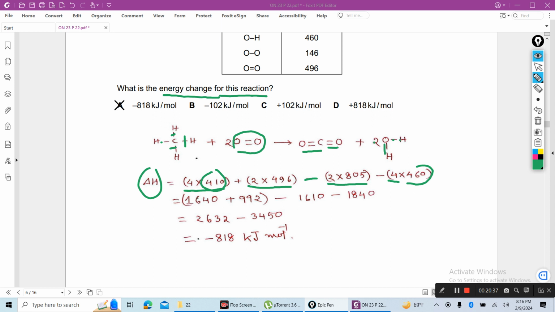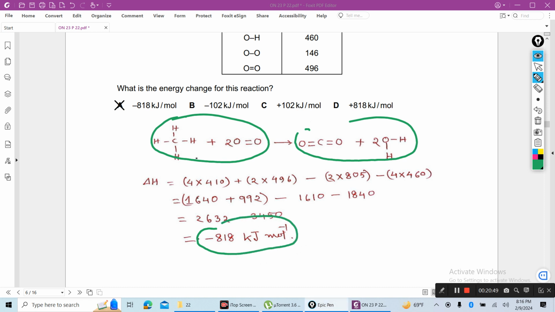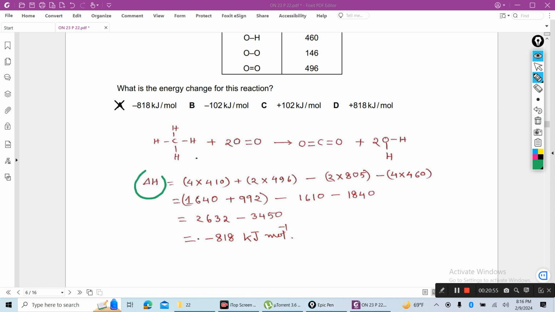I mean bond broken energy minus bond formed energy. If you subtract, you will get minus 818 kilojoules per mole. That means this reaction is an exothermic reaction because the delta H value is negative.